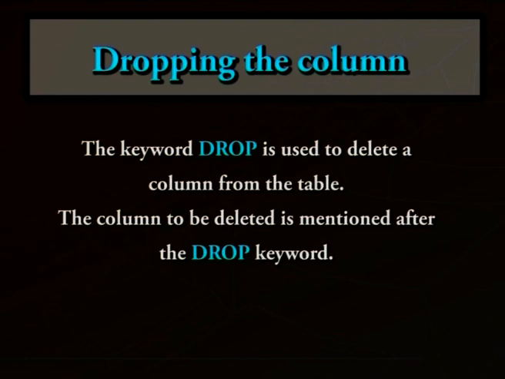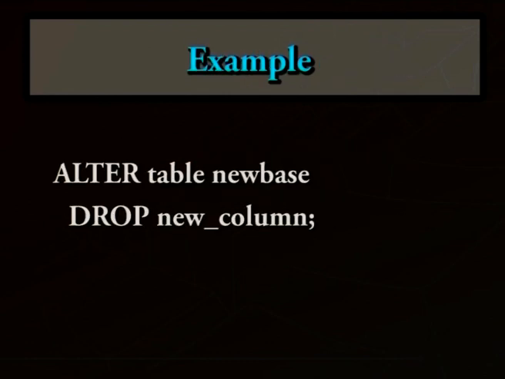The column to be deleted is mentioned after the drop keyword. Look at this example: alter table new base drop new_column. Here in this example, we are deleting the column new_column from the table new base.